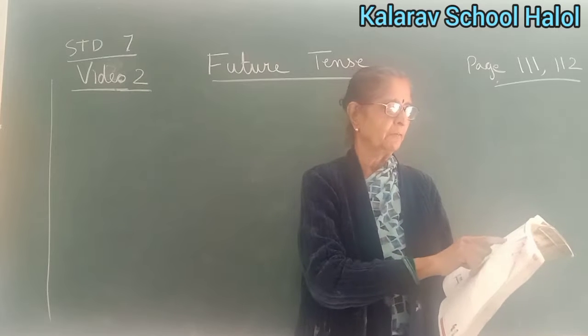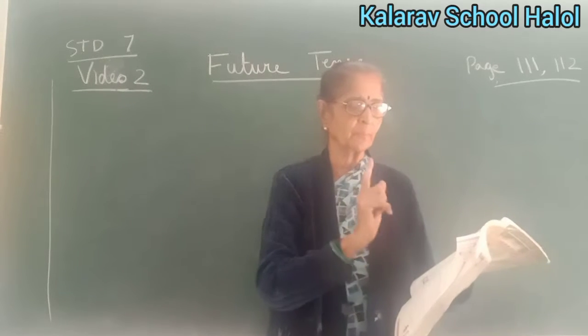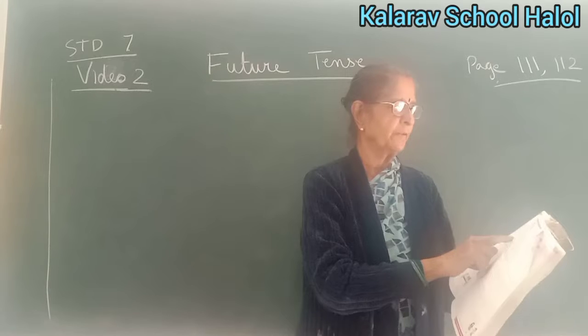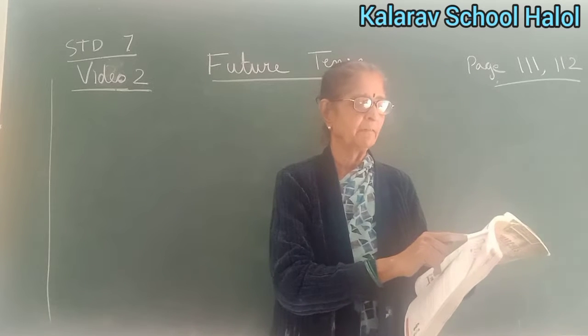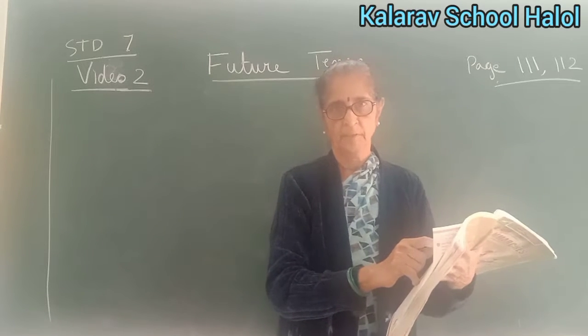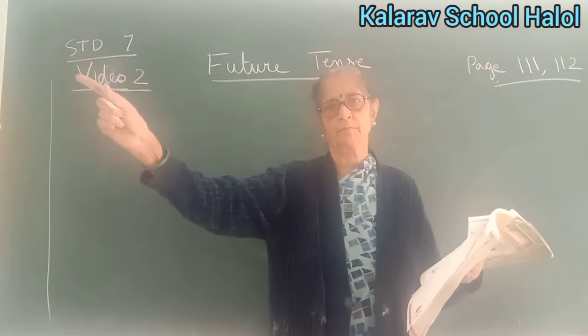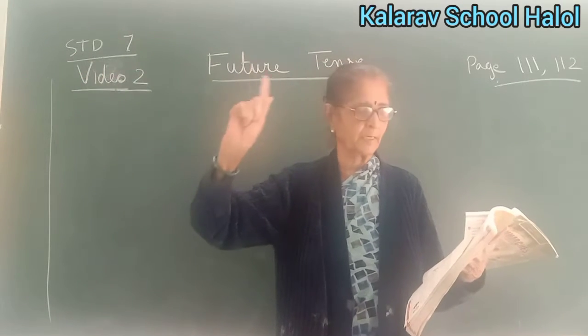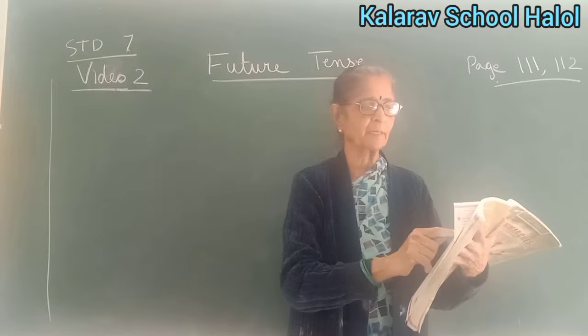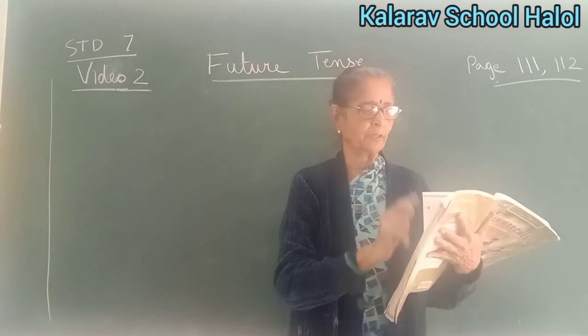Now here, fill in the blanks with verbs in the future perfect tense. Okay? We hope that the sky will have cleared. Cleared, the third form is the past participle, by the time we set out on our journey.